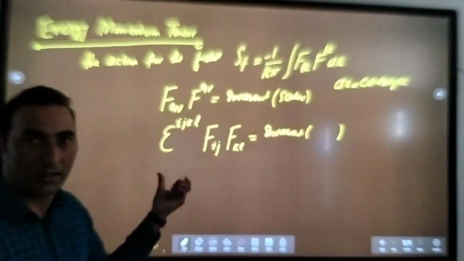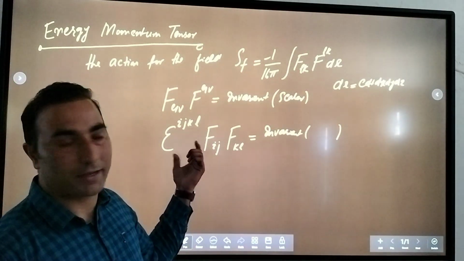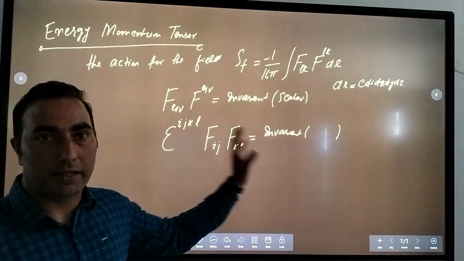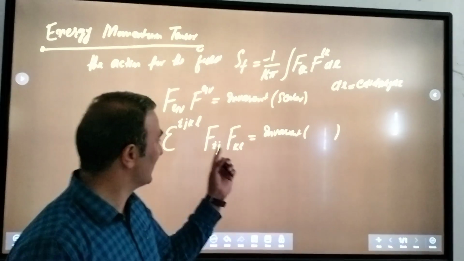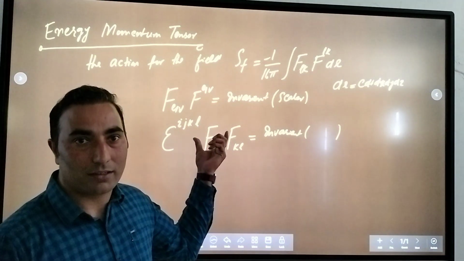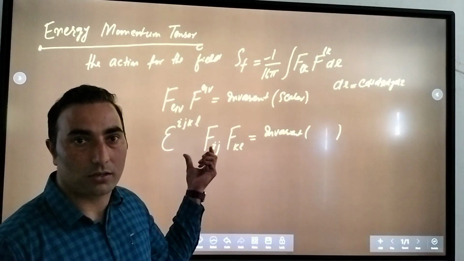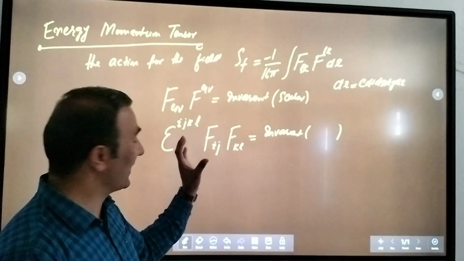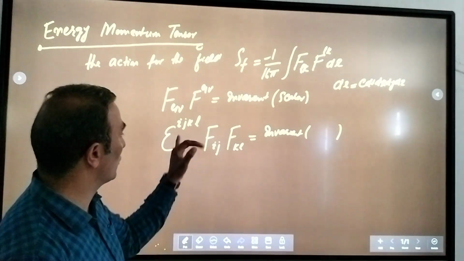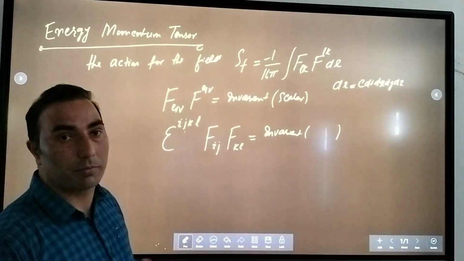In one of the lectures I already told you about this Levi-Civita symbol: it has the property that it is plus one when the indices follow cyclic order, and if it is anti-cyclic, the value of epsilon will be minus one. Or if there's a repetition of indices, like iikl, then epsilon will be 0.